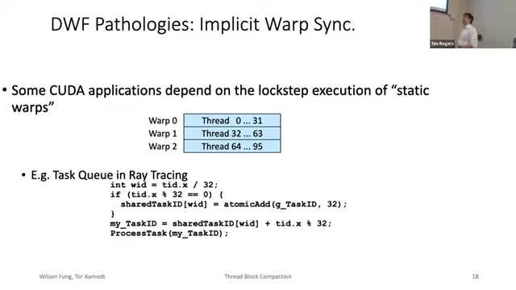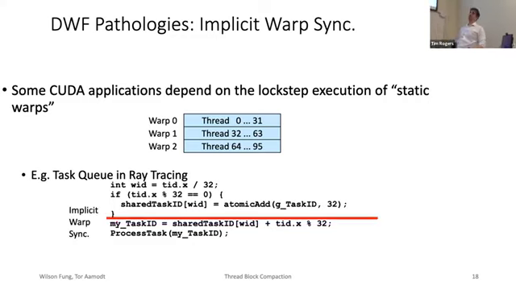Okay, so this is a concrete example of a piece of code. This is a ray tracing piece of code where there's a task queue. You're pulling off tasks from the task queue, and it was written assuming that the warp width was 32. And in this code, if you don't have warps 0 through 31 and 32 through 64 together, then you actually will end up deadlocking the code because it assumes that there's an implicit warp synchronization at the reconvergence points, right?